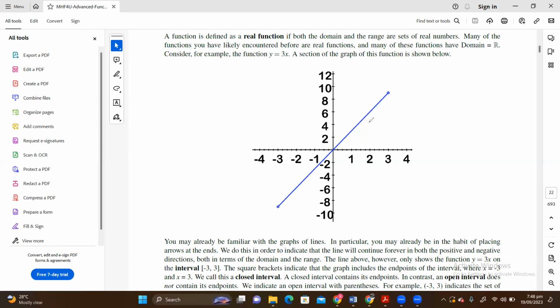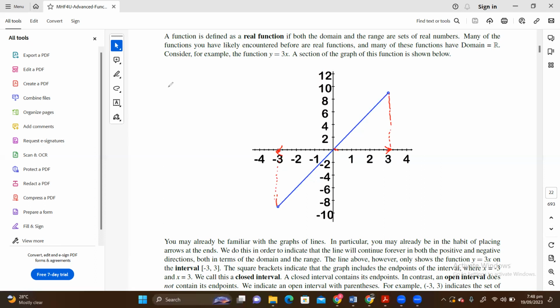It means the graph stops somewhere. So let's check where it is stopping. It's stopping at 3 on the x-axis, and at -3 on the x-axis. It's going to +3 towards the positive side and -3 towards the negative side. Okay, so 3 is included.